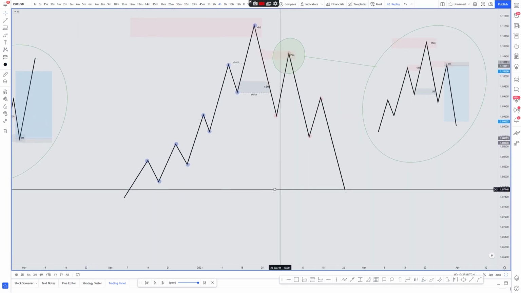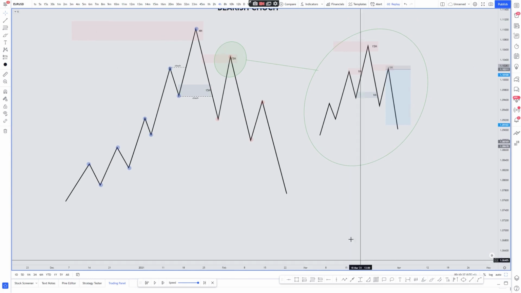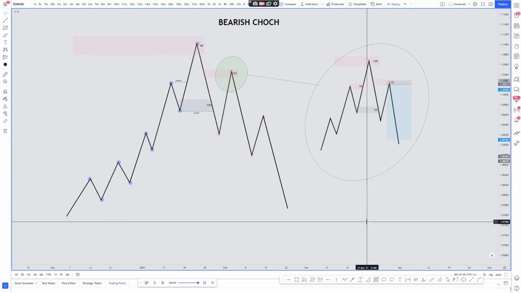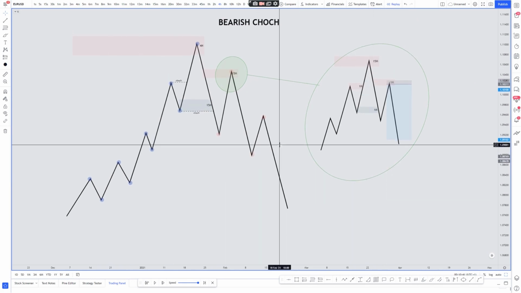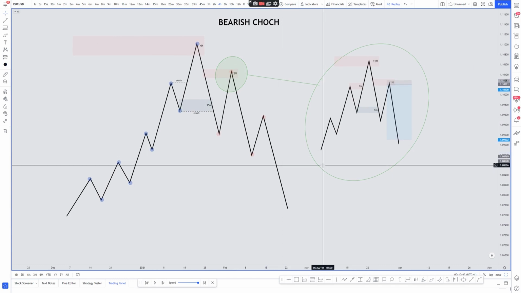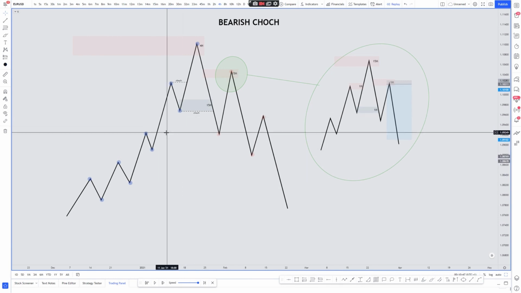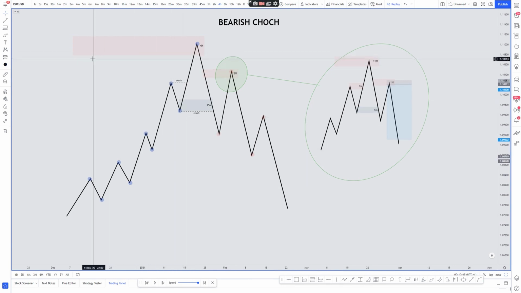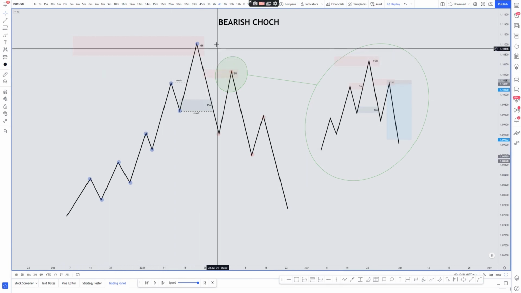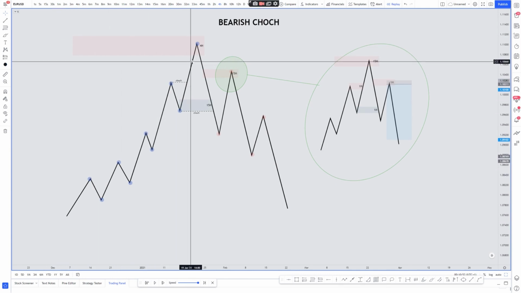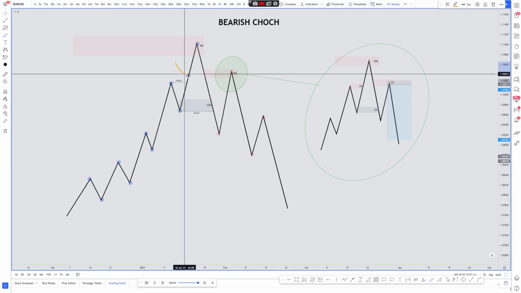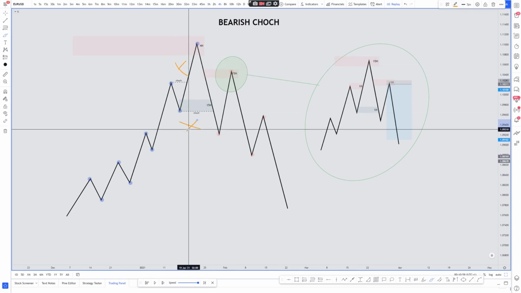Now, on the flip side of things, we have the bullish CHOC, and this is the exact same thing, but flipped over. So we're putting in higher highs and higher lows till we ultimately hit a higher time frame supply zone. So in this particular case, it is a 15-minute that hit a 4-hour supply zone. You sweep the highs and you sweep the lows.